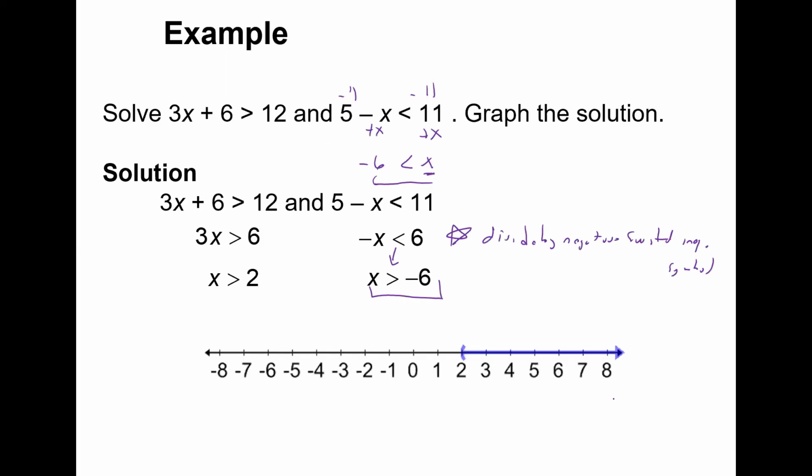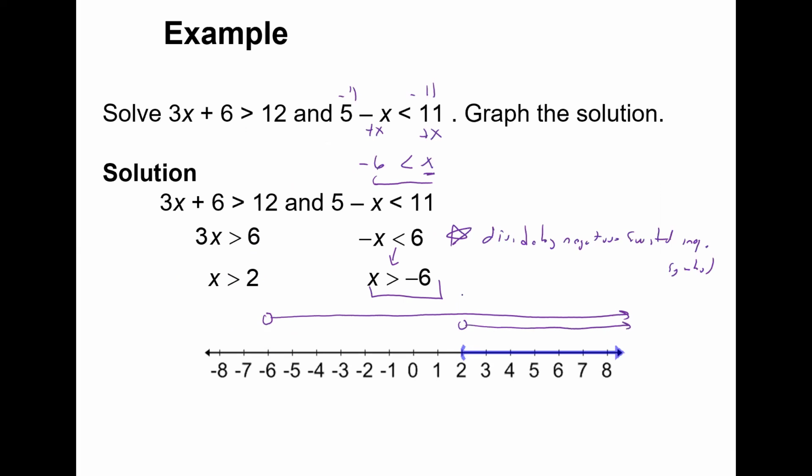I thought they were going to be nice and show two lines. So it has to be greater than 2 here and greater than negative 6 here. Greater than this would be an open circle with everything that way. And this one is an open circle and everything that way.